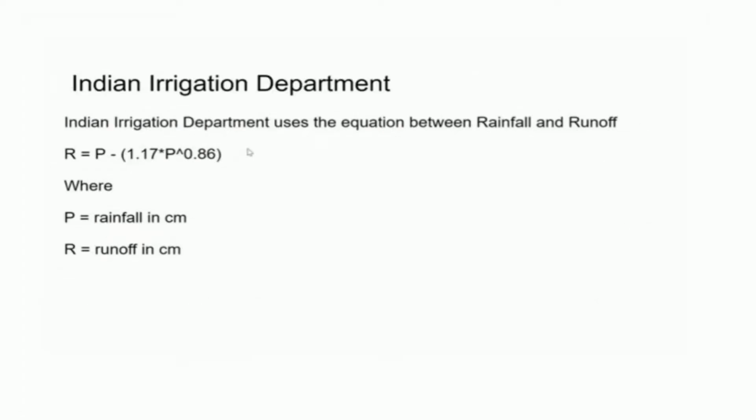Indian Irrigation Department. The Indian Irrigation Department used the equation between rainfall and runoff, R equals P minus 1.7 over 0.86, where P is rainfall in centimeters and R is runoff in centimeters.